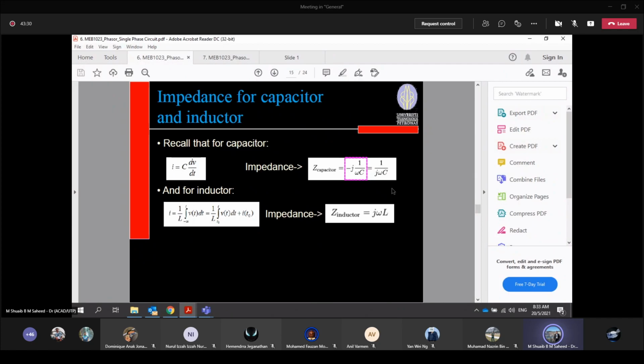That's why the unit is ohm. You combine both resistance and reactance, and it becomes impedance. As the name implies, it is impeding the flow of current. The symbol will be Z, and the unit will be ohm.